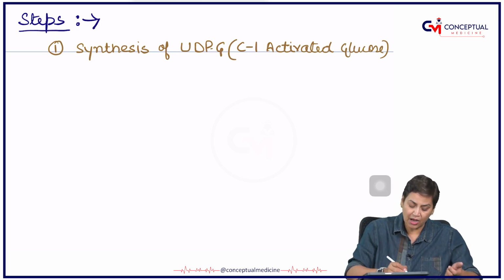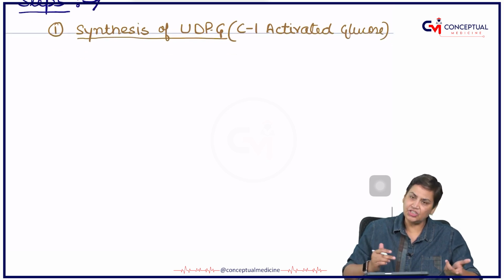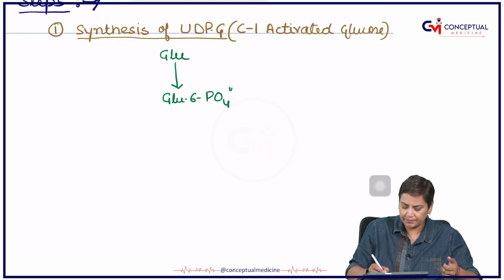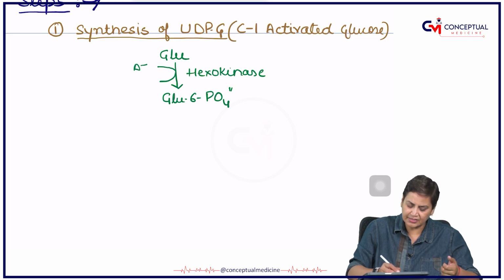Now the question is, how is this UDPG synthesized? The initial step would be simple, as we've been studying. This glucose will undergo phosphorylation to form glucose 6-phosphate. The name of the enzyme here is hexokinase. We all are familiar with this enzyme. We have discussed this enzyme in detail, and it uses ATP to ADP.